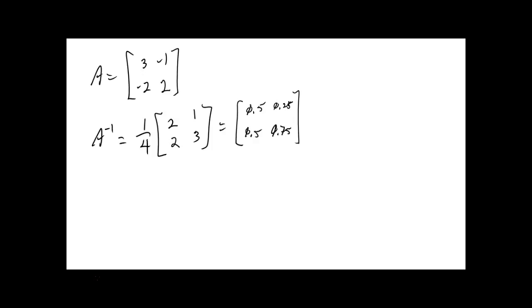This one would be 3/4 minus 3/4, 0. This one would be -1 plus 1, that's 0.